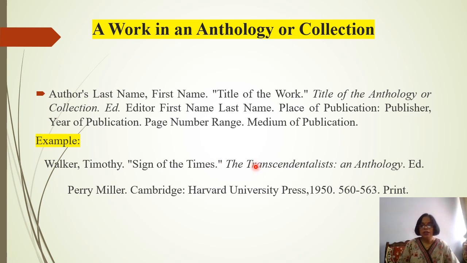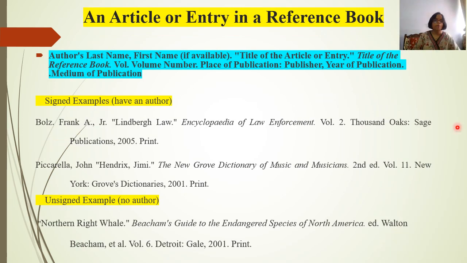And then the anthology, The Transcendentalists: An Anthology, edited. Then Perry Miller, the name of the editor. Cambridge, Harvard University Press, 1950. Page range 560 to 563 and print.